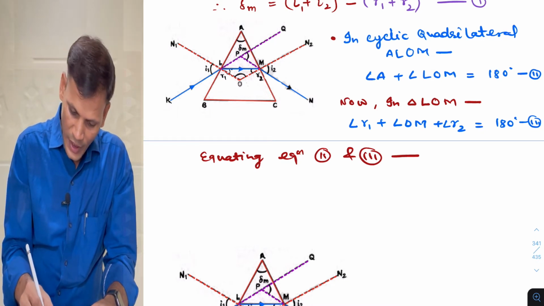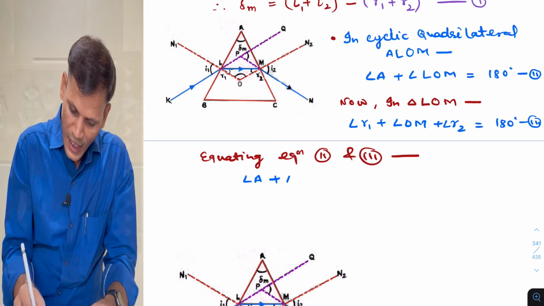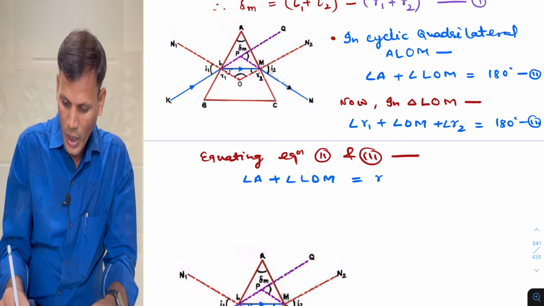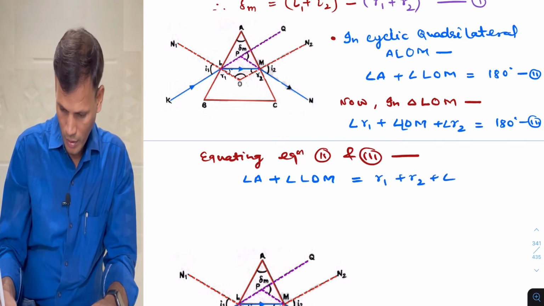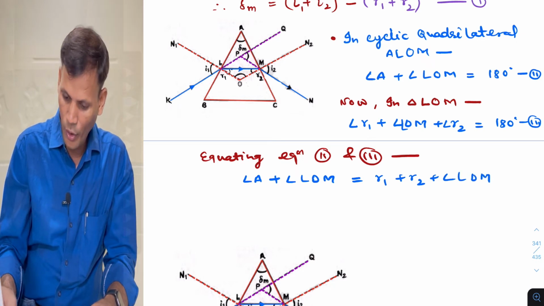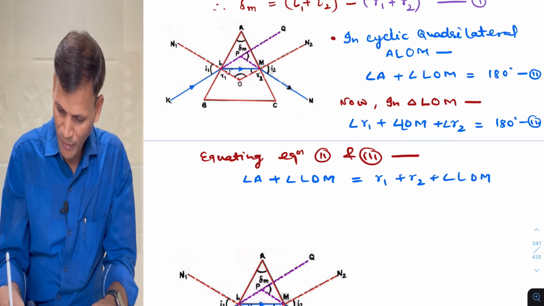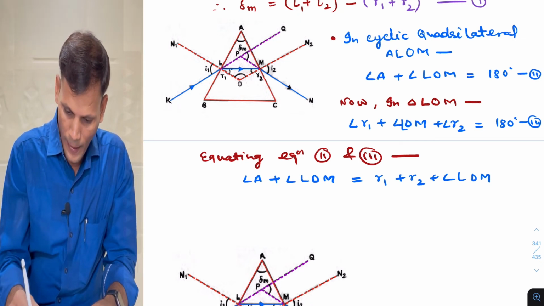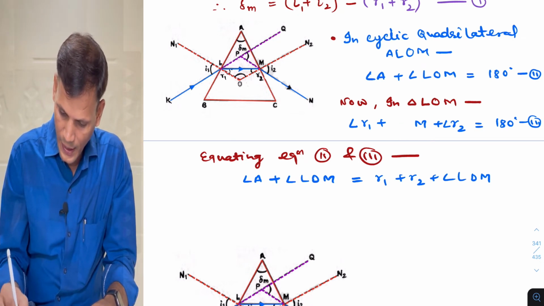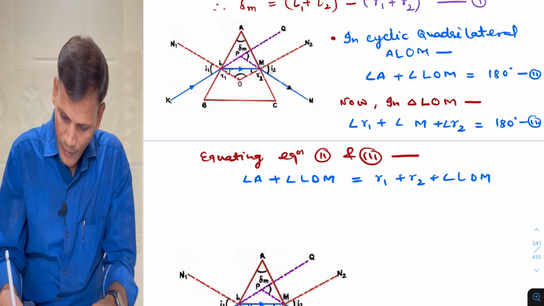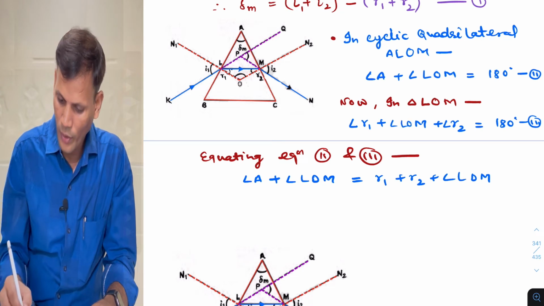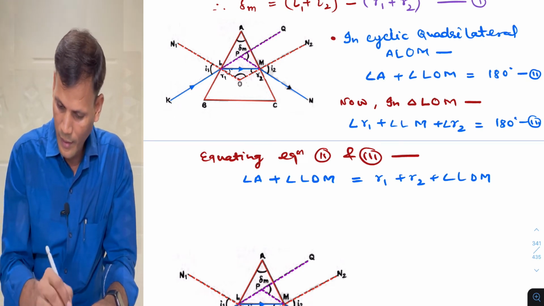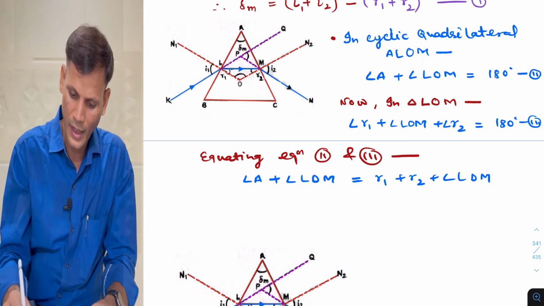We will get angle A plus angle LOM is equal to R1 plus R2 plus angle LOM. Today I am making so many mistakes.